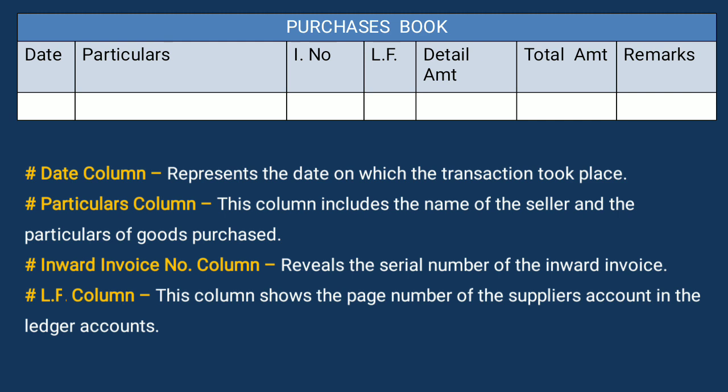So that inward invoice number, its serial number, we mention so that we can cross check the transactions. Then next we have the ledger folio number. In the ledger folio column we show the page number at the time of posting of the transactions to the ledger.